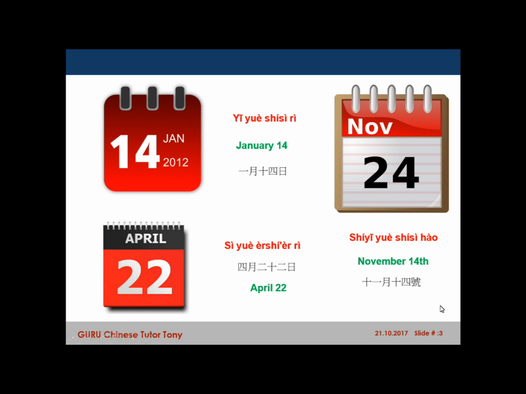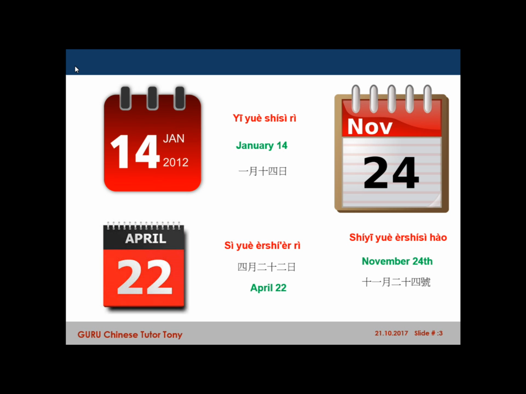Okay, next page. Now we can look at more examples. The first one is January 14. January is 一月, so 一月14日, January 14.